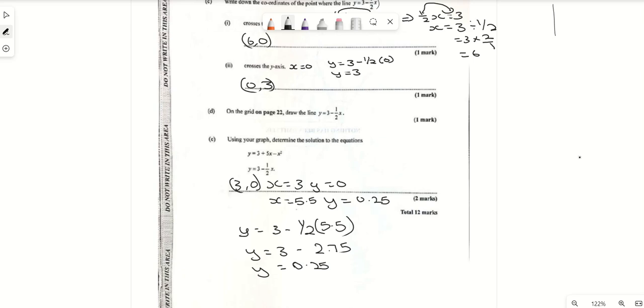When x is 5.5, y is 0.25. Right? This could be for you just to make sure that your values are correct. You can check it back. Right? So if we know when x is 3, y is 0, let's see. When x is 3, y is equal to 3 minus a half by 3, which is 3 minus 3 over 2.